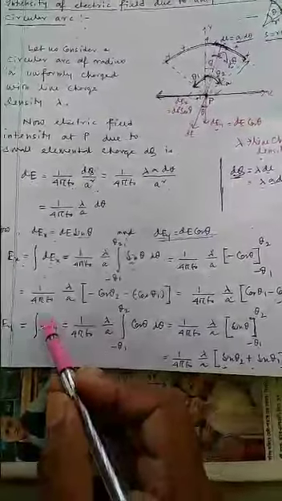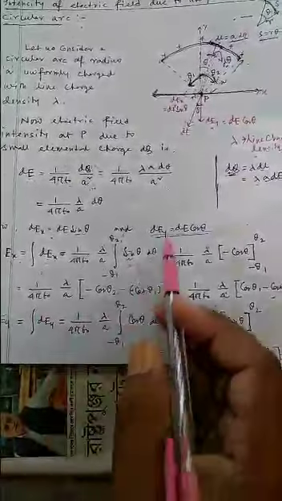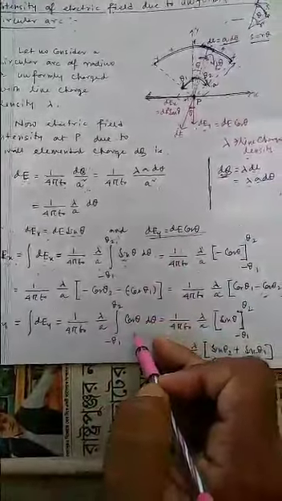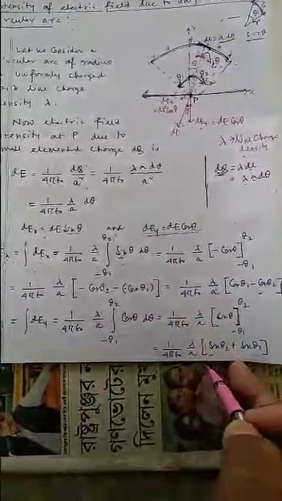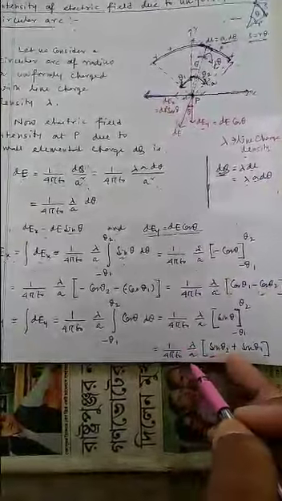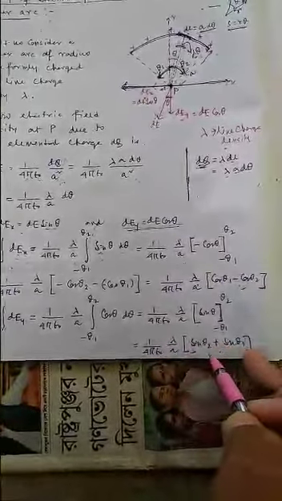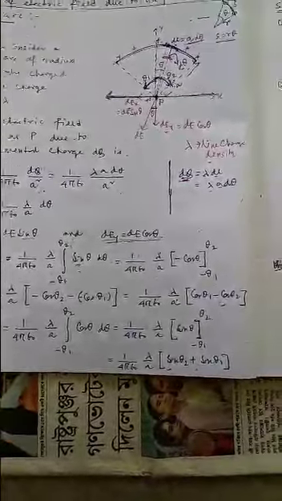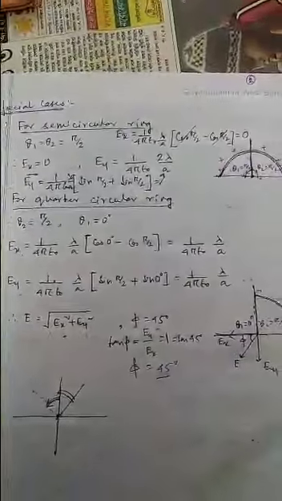So the integral of dEy, if you integrate and simplify, you will get 1 by 4 pi epsilon naught lambda by A, sine theta 2 plus sine theta 1. Clear?